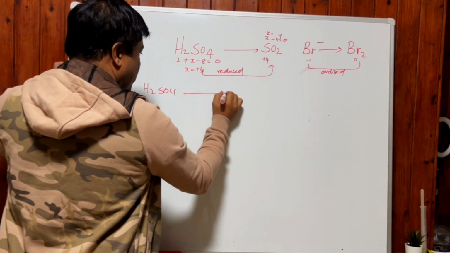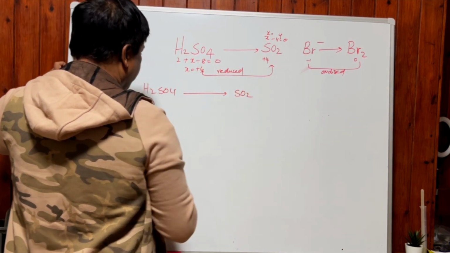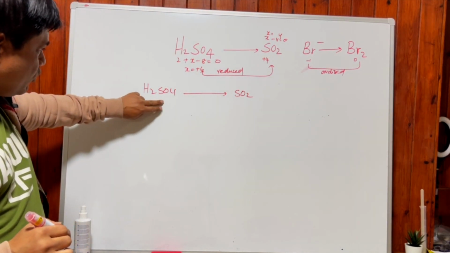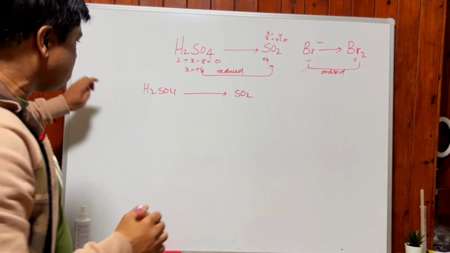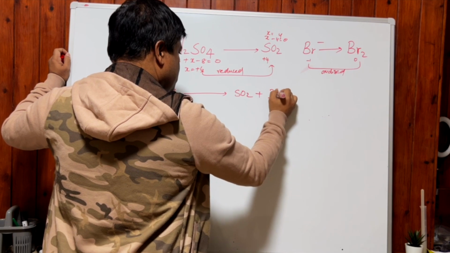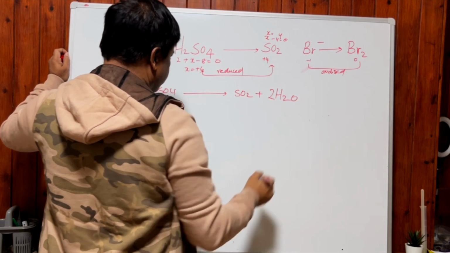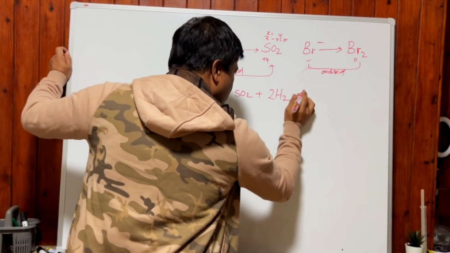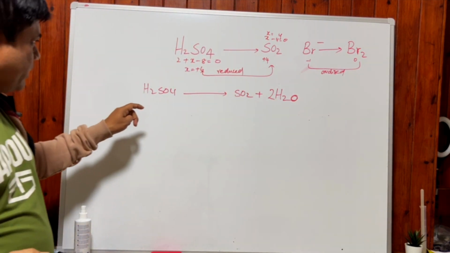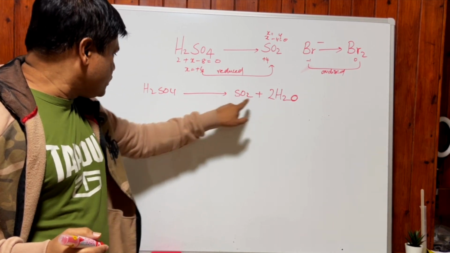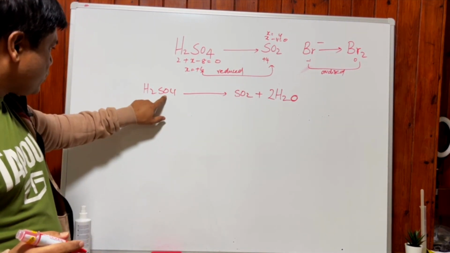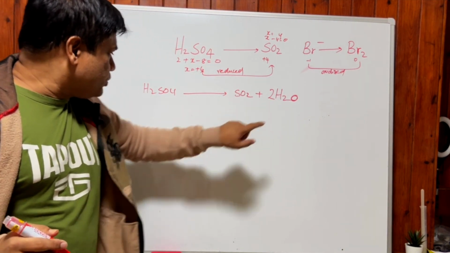H2SO4 becomes SO2. How many oxygen on that side? 4 oxygen, and here 2 oxygen. To balance, use 2 water molecules. Now check how many hydrogen? 4 hydrogen, and 2. I will balance later on. 1 sulfur, 1 sulfur. How many oxygen? 4 here, 2 plus 2.